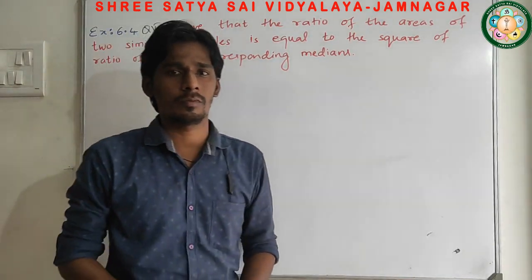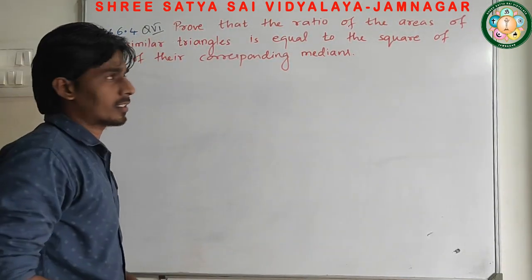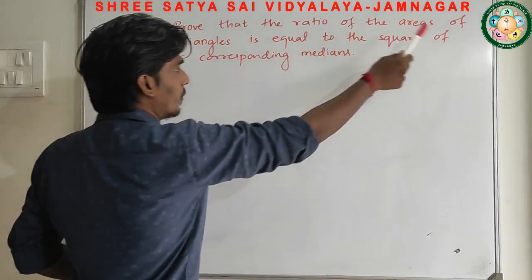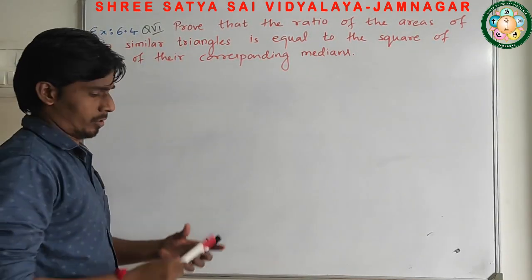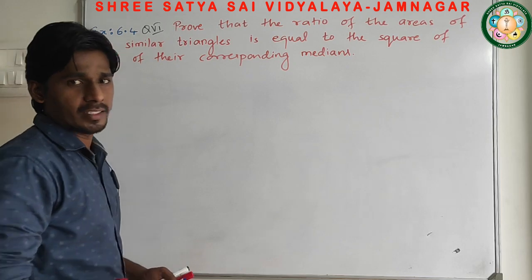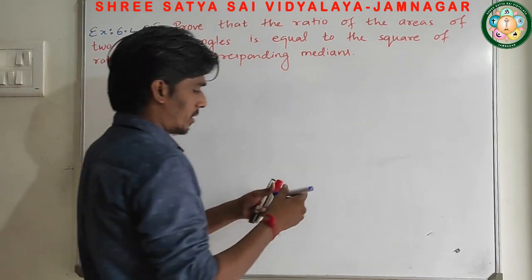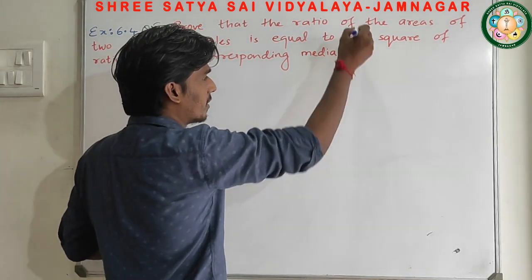Let's start with the next proof. Question number 6. Prove that the ratio of the areas of two similar triangles is equal to the square of the ratio of the corresponding medians. So first of all, two triangles are given which are similar. So let's draw the diagram as per the given statement.